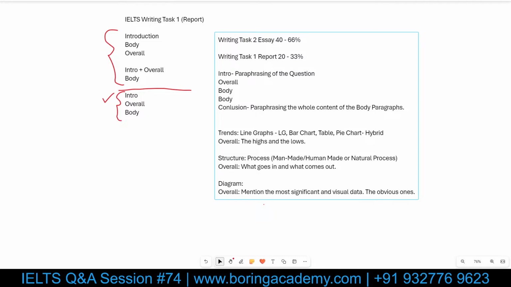If there are 7 steps, use one for 3, another for 4, or make it 4 and 3. That's completely fine. It's not the order, but make sure that it is closer to equal. Now, Manthan, I think your doubt is solved. Yes, sir. Totally solved.